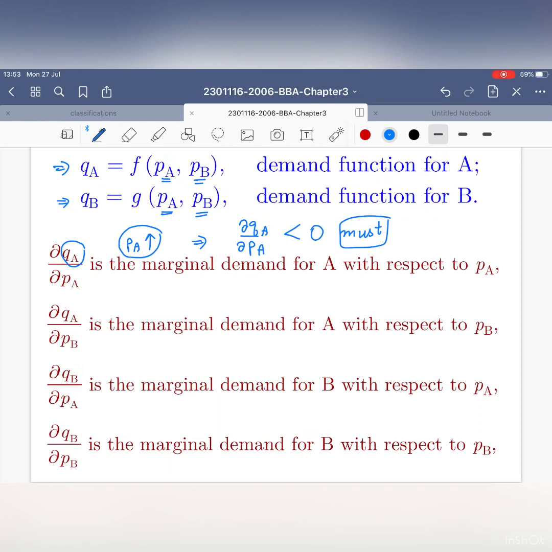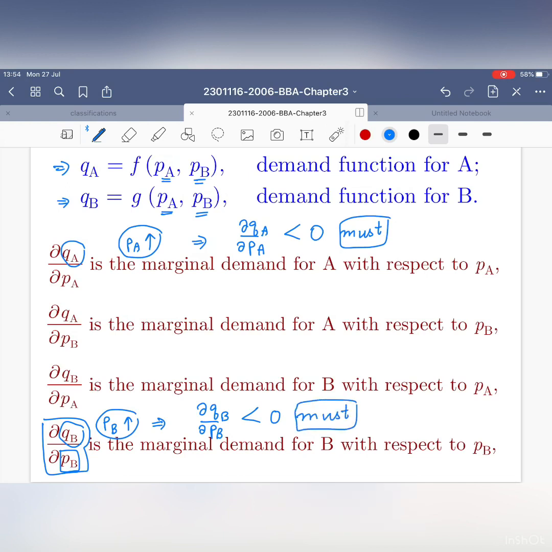In the same token, if you're talking about the demand of product B with respect to the price of product B, now we are measuring the change of the demand as price B is going up, right? If B is getting more expensive, the demand for product B will decrease immediately.